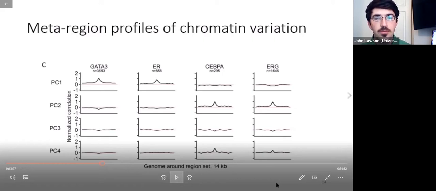So we have a set of peaks from the chromatin accessibility experiment, and whichever of those overlap with our region set of interest, we're going to average those. There are also some other scoring methods, and we take into account what proportion of the peak region overlaps with our region set region. And then the score that we're averaging is the correlation of the signal in that region with the target variable.